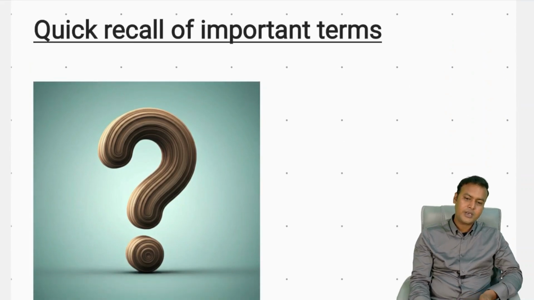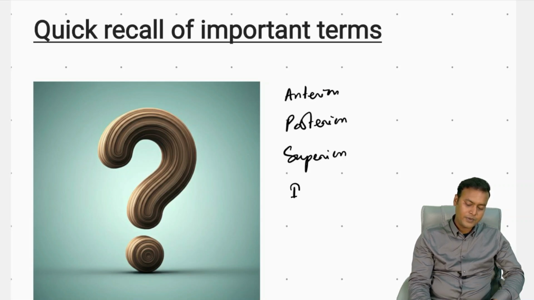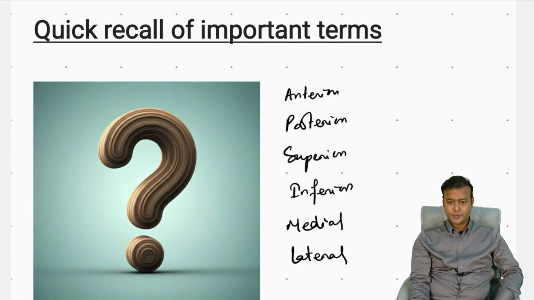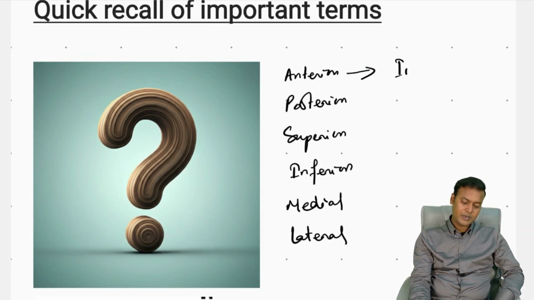So students, we had discussed the terms anterior, posterior, superior, inferior, medial and lateral. These are a few terms which are used in describing the human body. If I say anterior, it means something is in front. Posterior, in back.